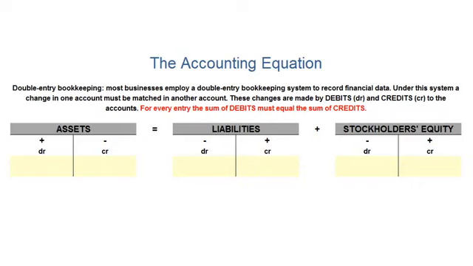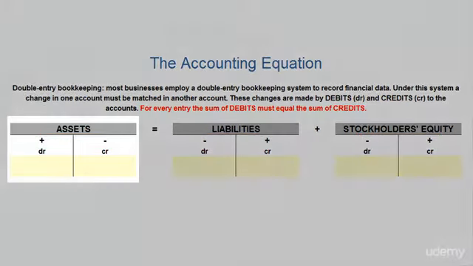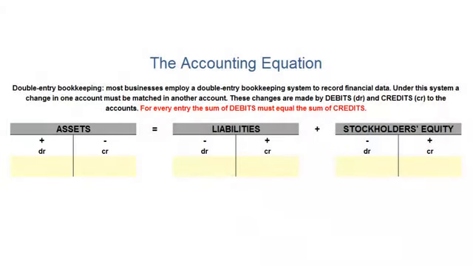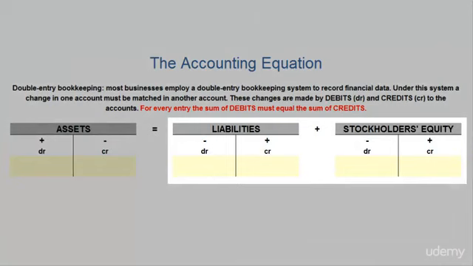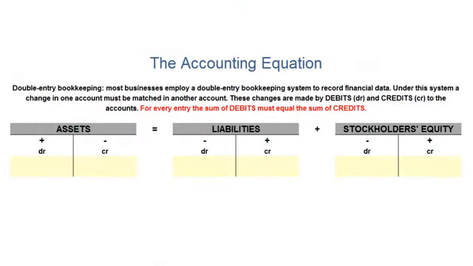Whether or not a debit or credit increases an account is indicated by these signs here. And you may have already noticed that on the left-hand side of the equation, a debit increases an account, and on the right-hand side of the equation, a credit increases an account. So let's just walk through a quick example where a company intends to raise $5 million by issuing debt.